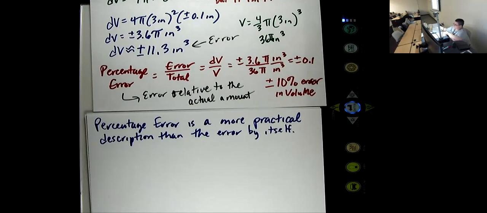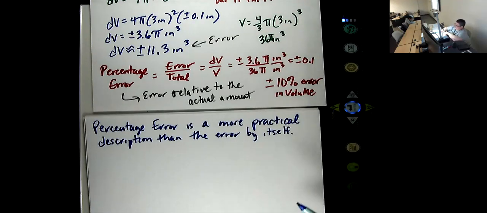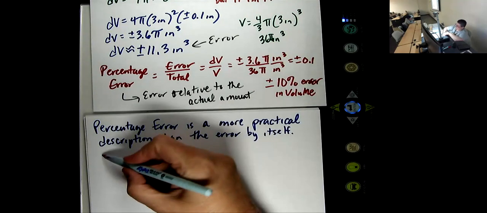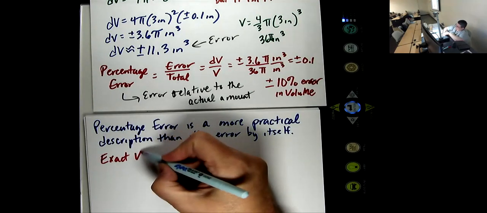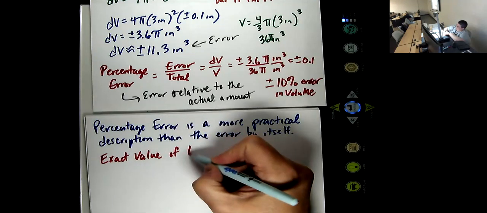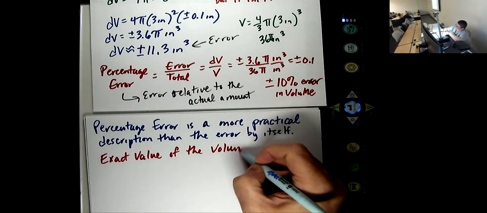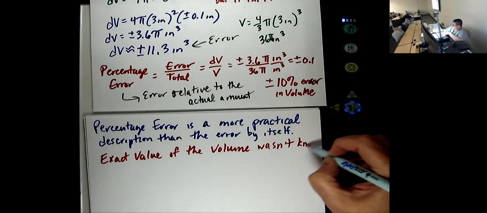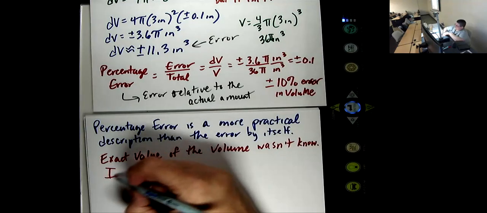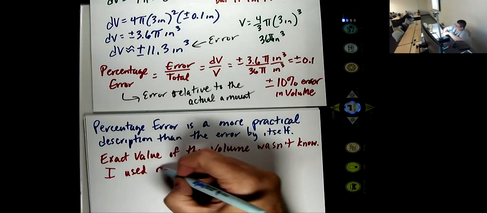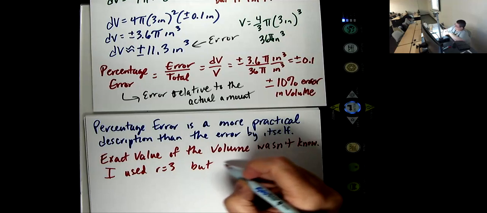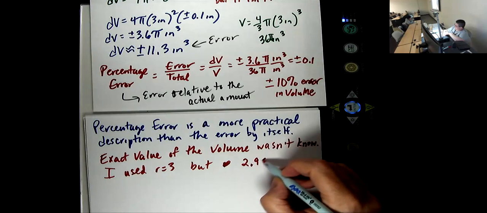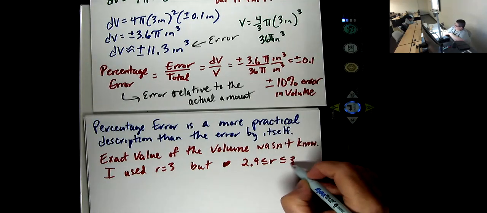Now, it is important to know here that the exact value of the volume wasn't known. I used 3 inches for r, but r could have been anywhere within 0.1 inches. So r was between 2.9 and 3.1.